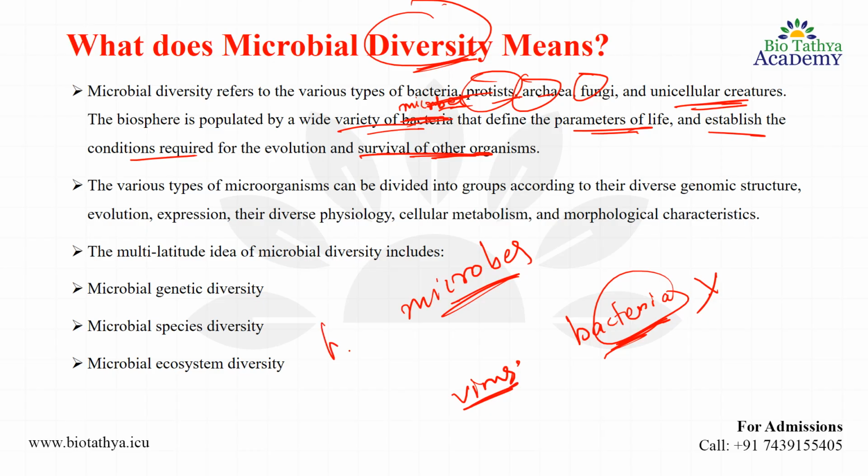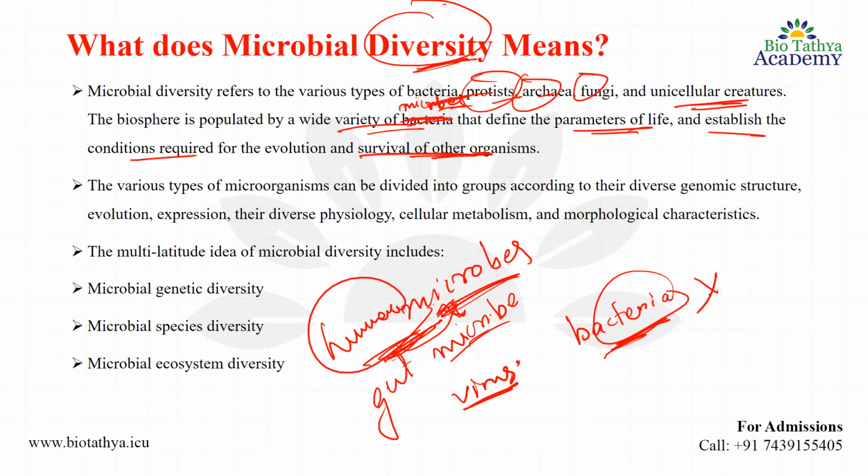For example, if we talk about humans. Now, you will ask me, ma'am, why is the evolution or survival of humans related to the diversification of microbes? Let me tell you, students, in the human body, we have the gut microbiome. This is just a general example I'm giving you. In our gut microbiome, there are thousands of microorganisms residing, specifically bacteria.